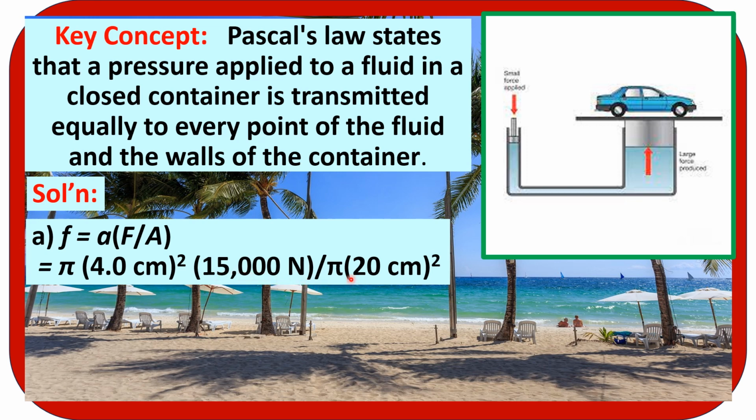And then divide again by pi, which will be multiplied by the radius of the big piston, 20 centimeters, that will be squared. All right. So doing our math, we will get the value for the small f, or the force exerted on the small piston, equal to 600 newtons.